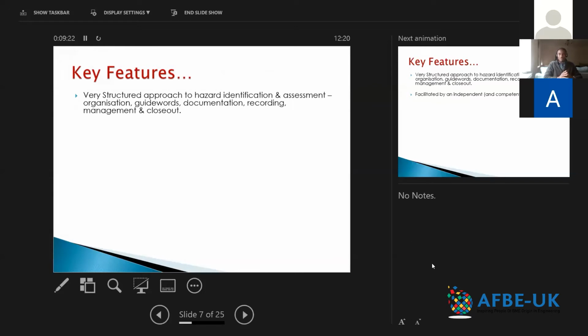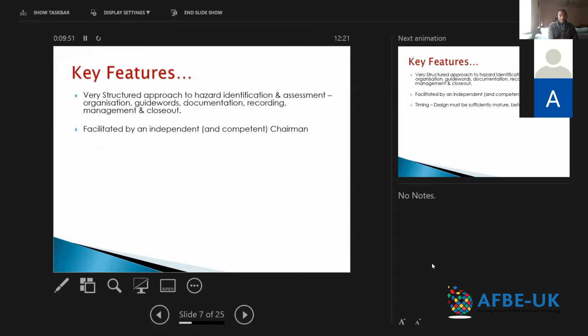It's very difficult to do a HAZOP with a different set of guide words than what we know to be the guide words for a HAZOP, which we'll touch on later. It's very structured in that sense. The recording and the reporting of the HAZOP, likewise, is all very structured if it's going to meet the quality requirements for what a HAZOP is.